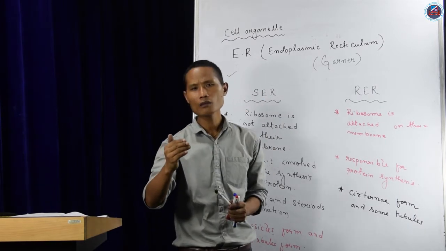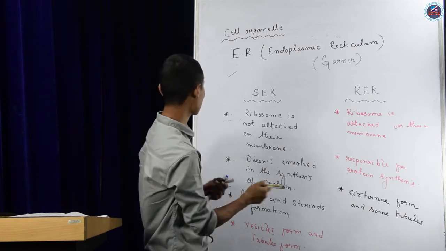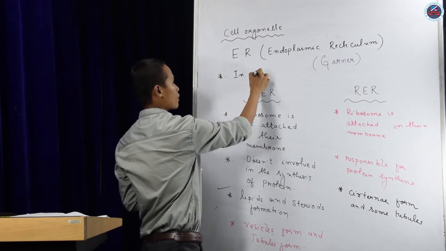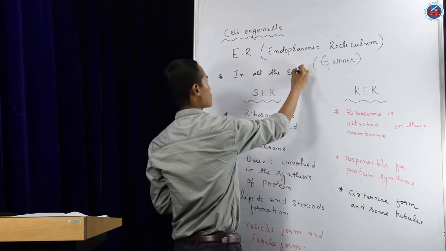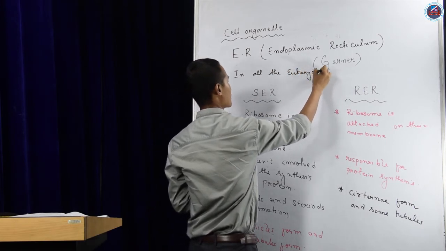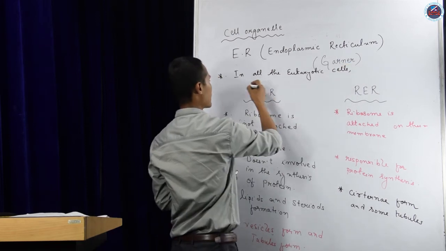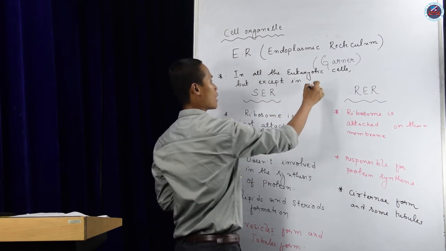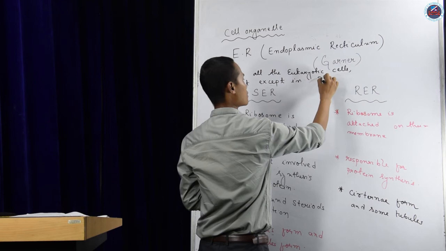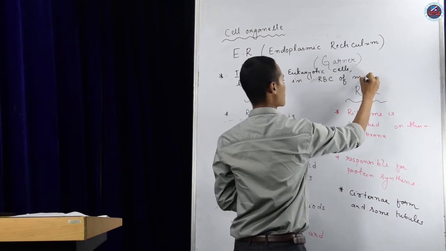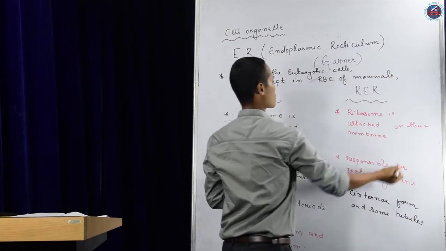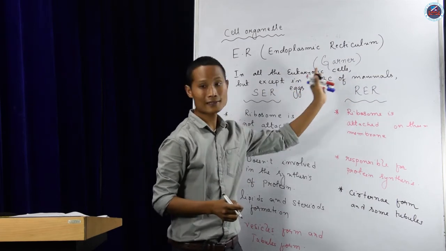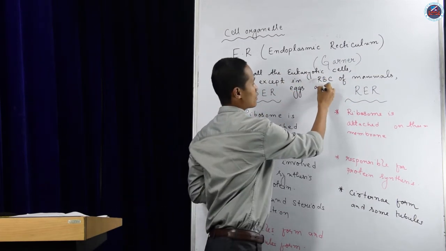But it is absent in the RBCs of mammals, eggs, and embryonic cells.